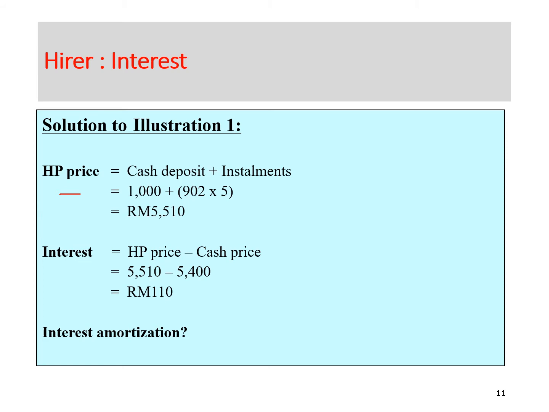The cash deposit is 1,000, as stated in the question, and the total installment is 902 times 5 installments. If you add these two together, you get the HP price of 5,510. As for the interest, once you get your HP price, you minus the cash price. The HP price is 5,510 minus 5,400, so the total interest is 110.